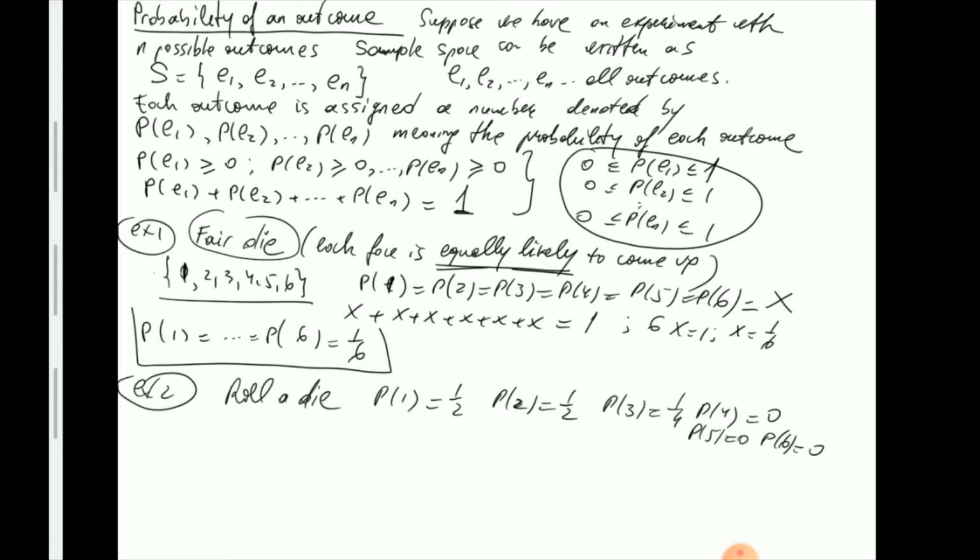Now, you may say immediately, well, that's not valid, because if I roll a die, each face is equally likely. Now, I didn't say a fair die. Let's say this is a loaded die.